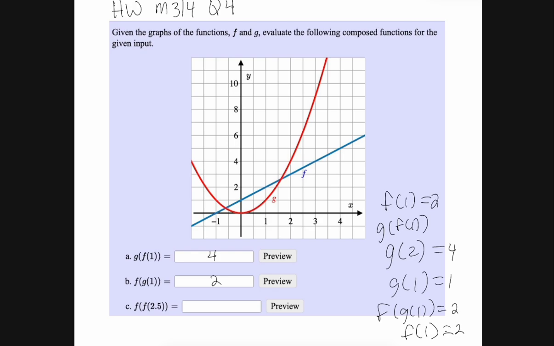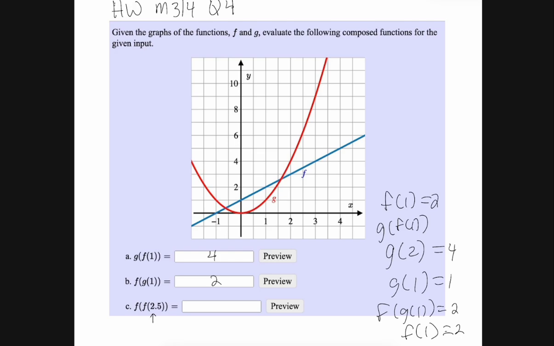And then let me do the f function twice. Okay, then let's look at C. If we go to 2.5, go up to the f function, I would say it's probably, let's go 3.5.